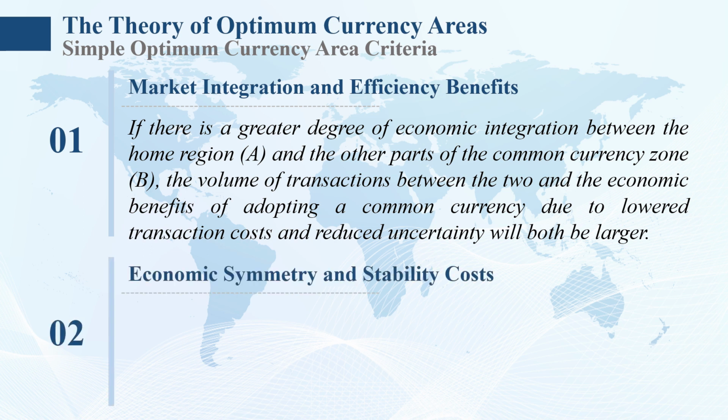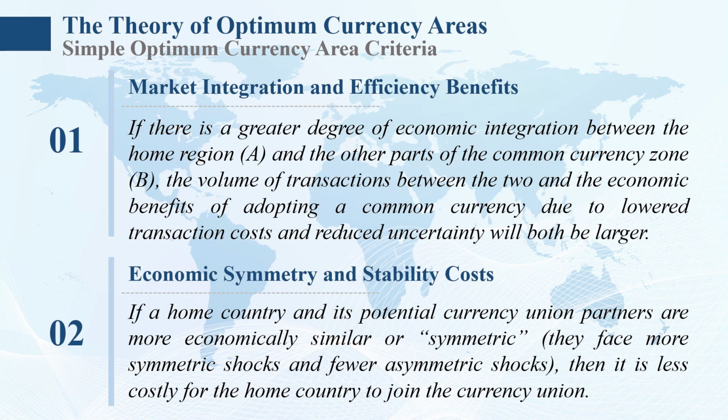The other is economic symmetry and stability costs. When two regions adopt a common currency, each region will lose its monetary autonomy, and the monetary authorities who have control of the common currency will decide on a common monetary policy and set a common interest rate for all members.